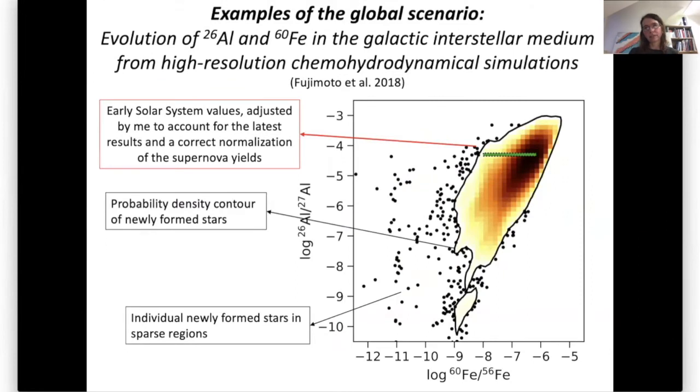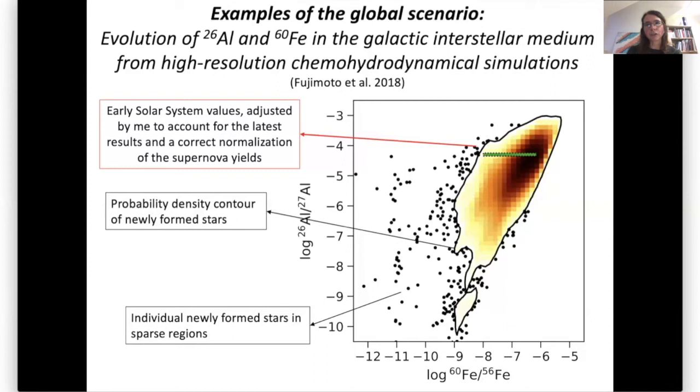This is a paper that has received a lot of interest. It's from a couple of years ago, because it was looking at the galactic interstellar medium. We're not even inside the star-forming region, but I think the resolution is quite high. To model the whole galaxy, it is high resolution, maybe down to a few parsecs.